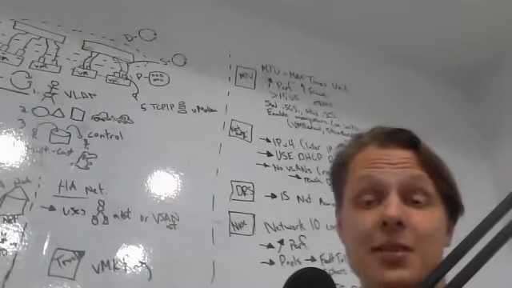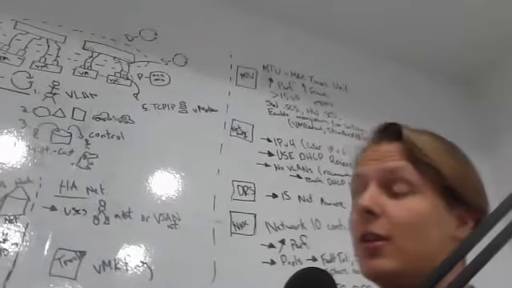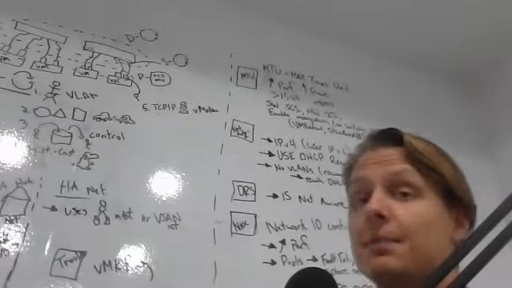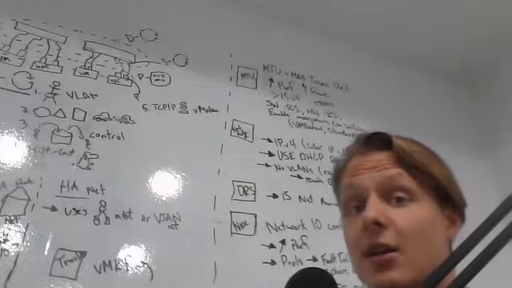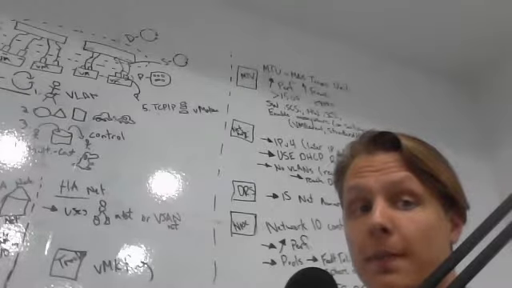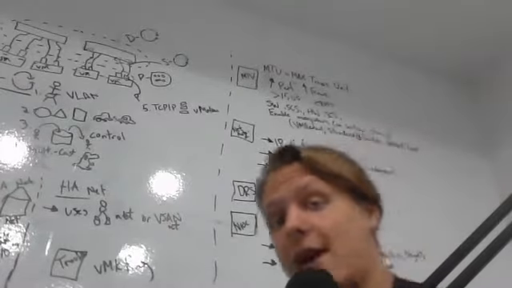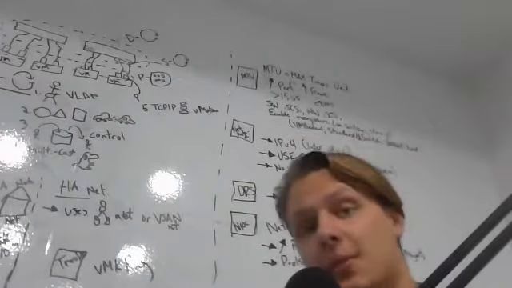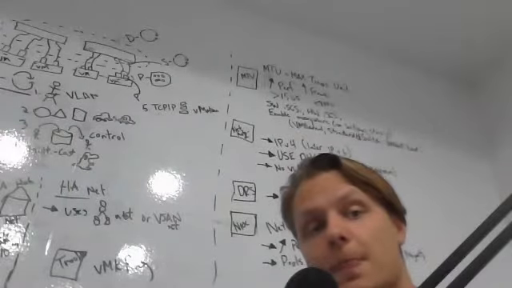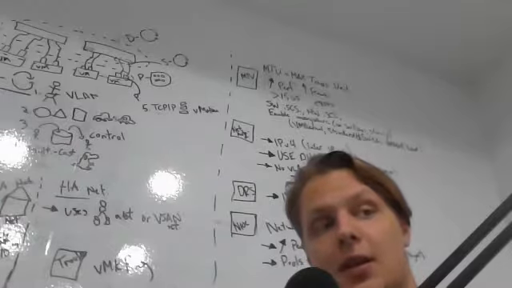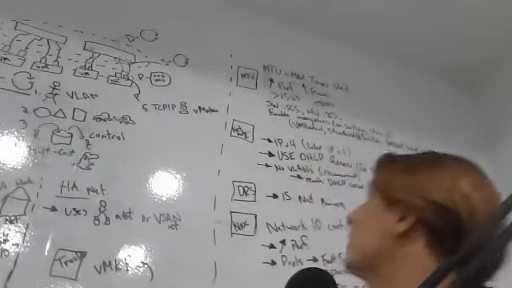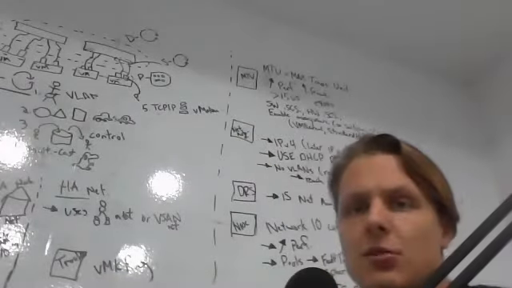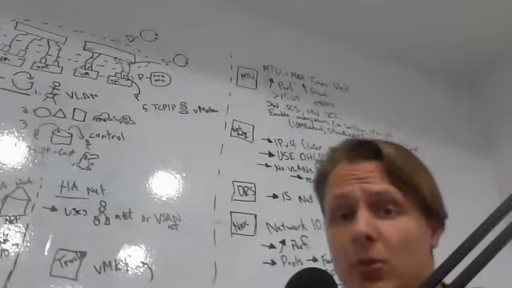They may say MTU or they may say max transmission unit, and that is the max size that your network will allow frames to be read through. It's in between 1,500 and 9,000 bytes. So you need to remember those two numbers.